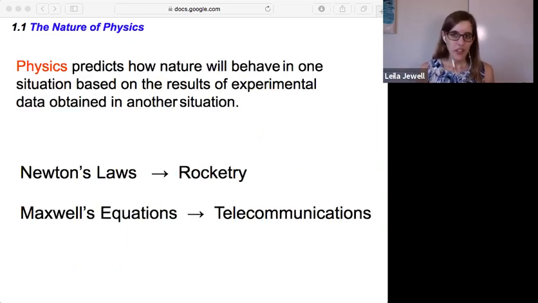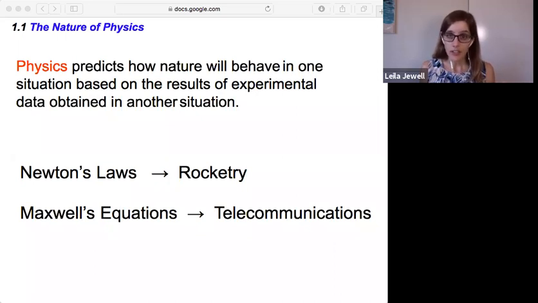What physics tries to do is predict how nature will behave in one situation based on the results of experimental data that was obtained in another situation. So Newton developed these laws of motion, and from that we can predict what happens with rockets when we launch them into space. Maxwell came up with a set of equations that you'll learn about if you take physics 2B.